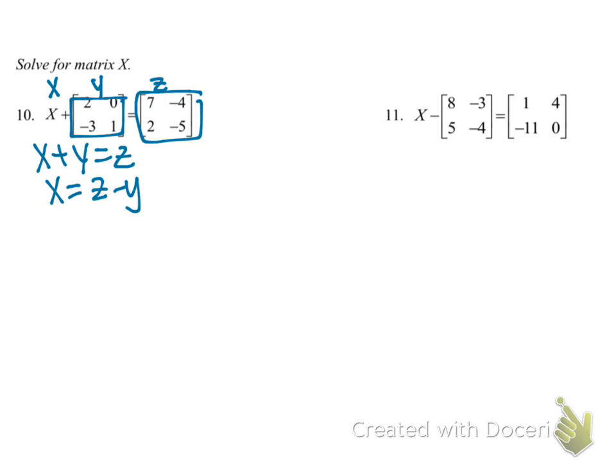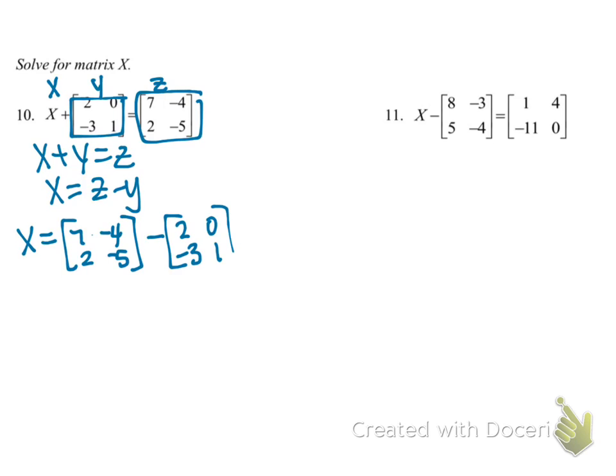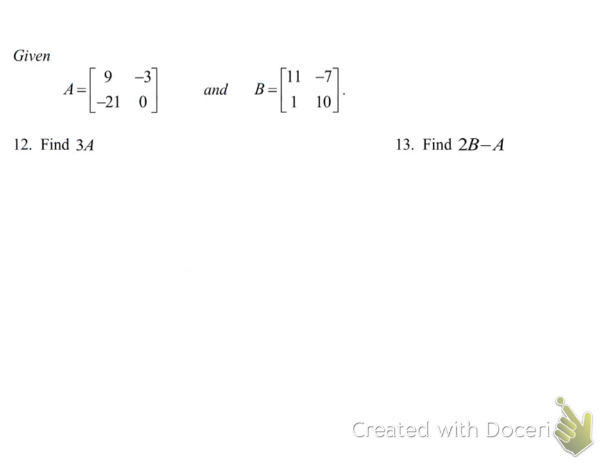What you can do is write matrix x is going to be matrix z, 7, -4, 2, -5, minus matrix y. All right? So you can do that too. That works out great. And when you subtract those, you will get the same answer. Go ahead and try number 11, however you'd like to do it. Pause the video and then call me over.